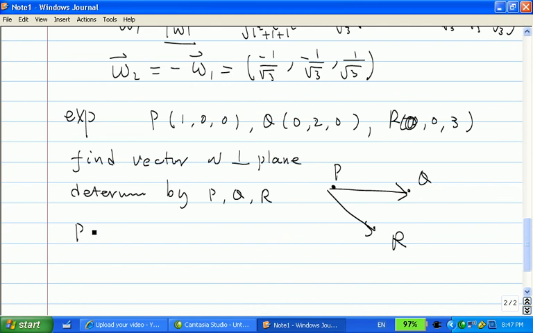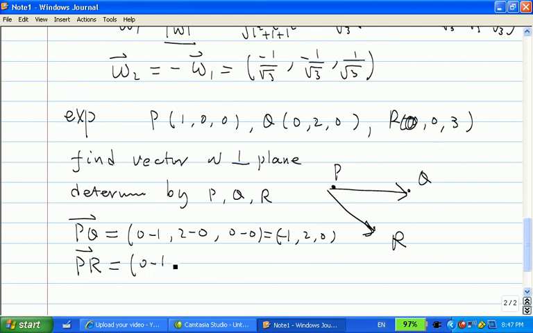Okay, PQ. How do we find vector PQ? Use the endpoint coordinates and subtract the starting point. So for PQ, use 0 subtract 1, then 2 subtract 0, then 0 minus 0. So that gives you minus 1, 2, and 0. Then PR: use the coordinates for R, subtract the coordinates for P. Z minus Z, 0, 3 minus 0.